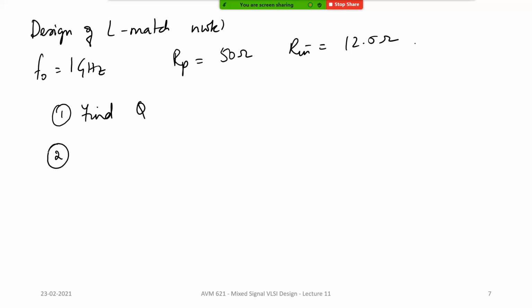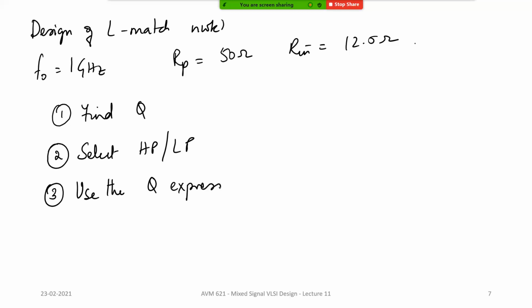Now once you know Q, you can take either a low pass network or a high pass network. So select a high pass or a low pass network depending on what you need, and then use the Q expressions for L and C. So let's say you have a network like this.